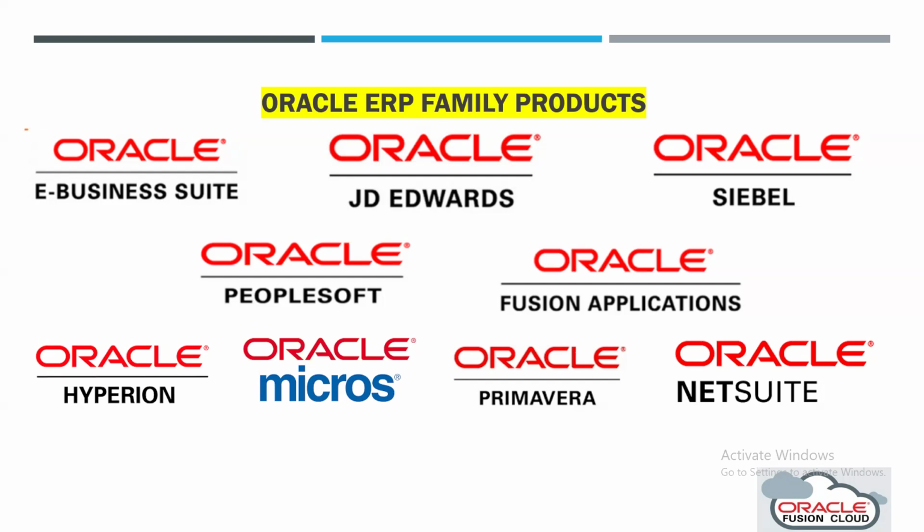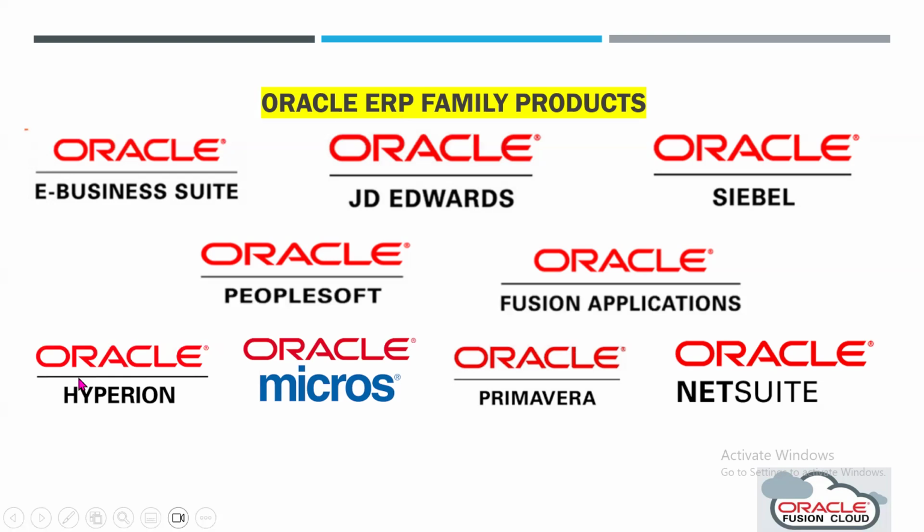All these ERP applications were individually famous, and all have now been acquired by Oracle. Everything is working under Oracle only. A huge percentage of ERP applications are working under Oracle.